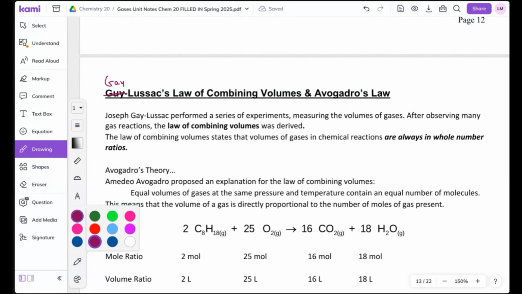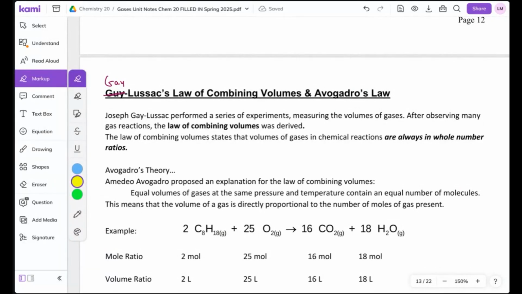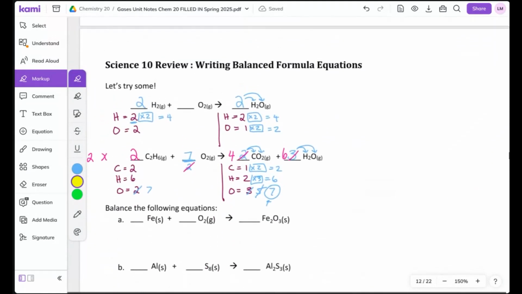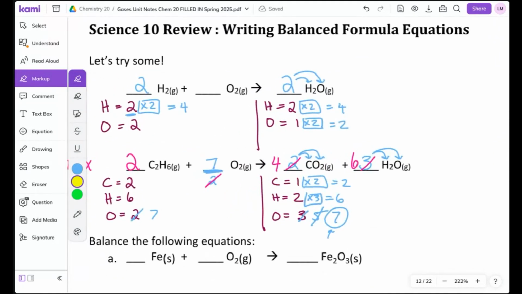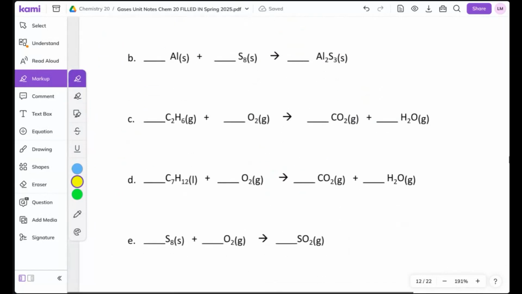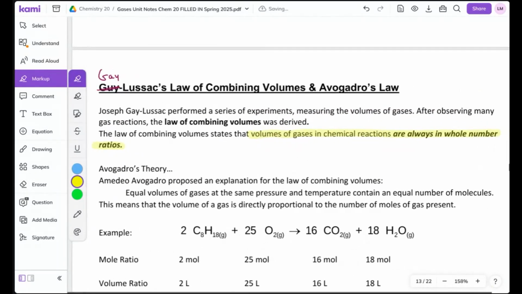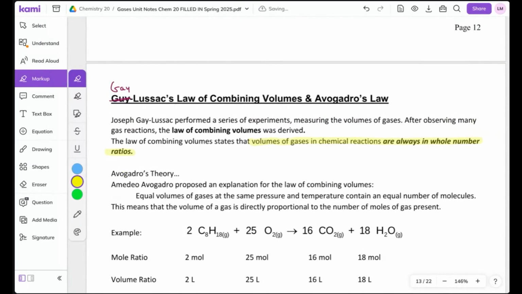Doing all of these experiments, he came up with the law of combining volumes. What it states is that the volumes of gases in a chemical reaction are always in whole number ratios. So that's why I said earlier why we couldn't have the fraction 7/2, because we want our coefficients to be whole numbers, not fractions.